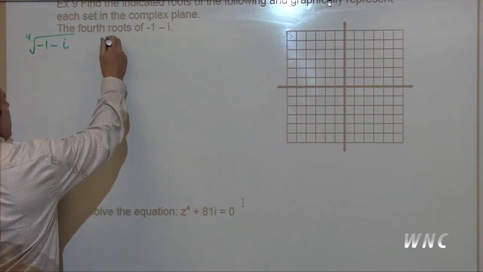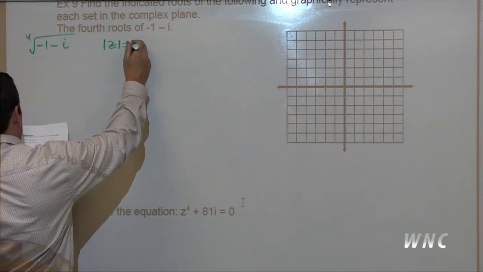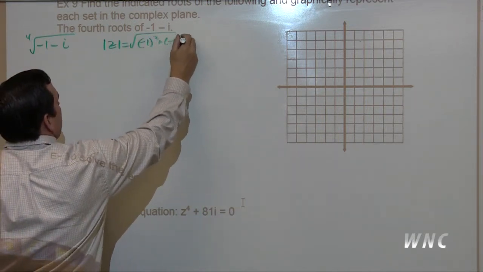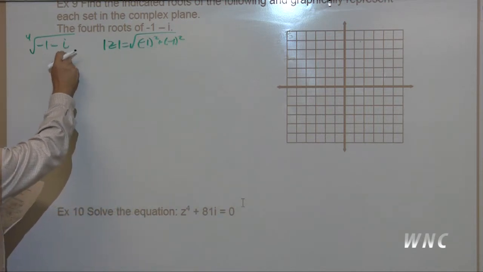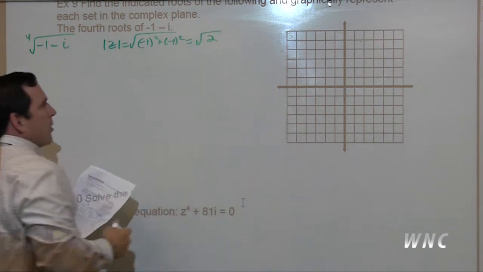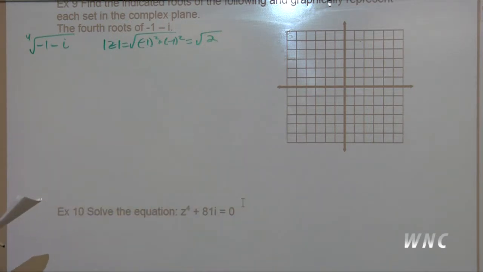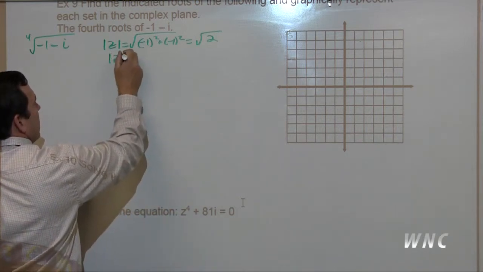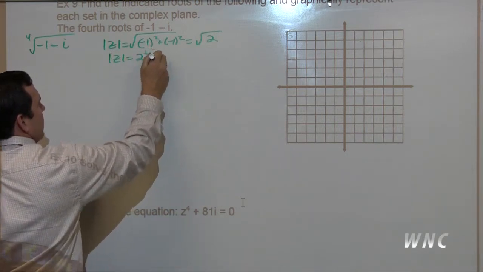So first of all, our magnitude of z is going to be the square root of negative 1 squared plus negative 1 squared. Negative 1, I know that's i, but its coefficient is negative 1. That's the square root of 2. So the magnitude of z is 2 to the 1/2.